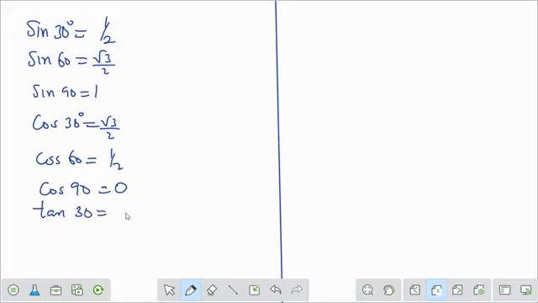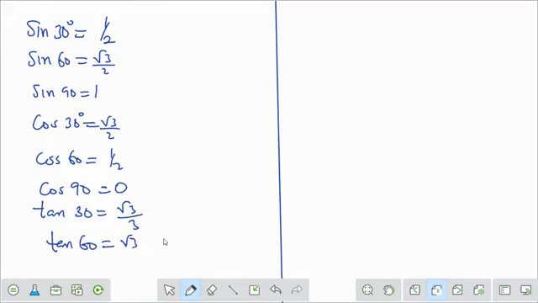So I think that's root 3 over 3. So tan 30 is what? Root 3 over 3. So tan 60, I think that's just root 3.